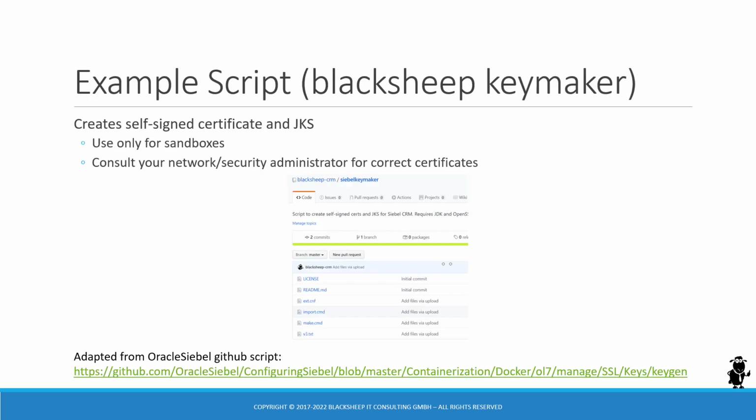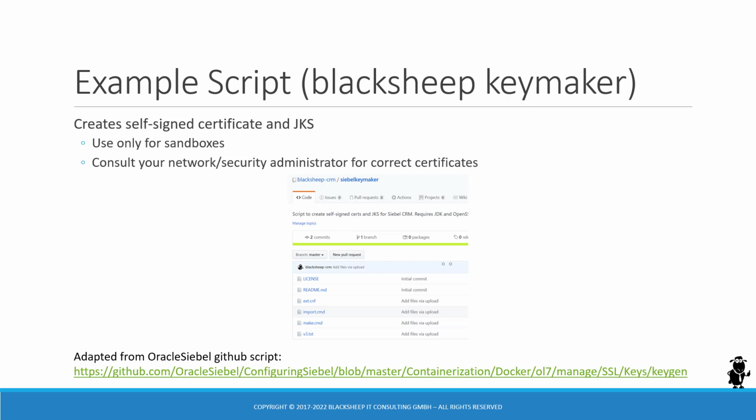On GitHub, you find at least two places where you can get inspiration on how to automate the process of creating self-signed certificates, or also automate the process of working with your certificate authority in your company. The Oracle Siebel team has a GitHub presence where they provide us with a key generator script for Linux in the containerization repository, which is actually there to support Docker imaging.